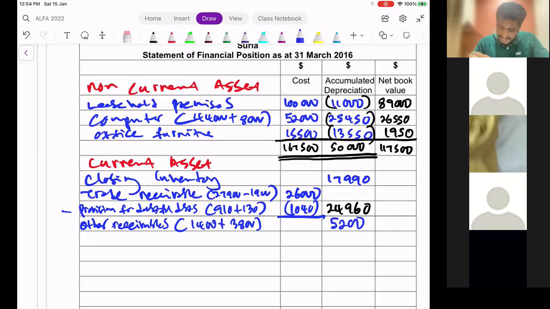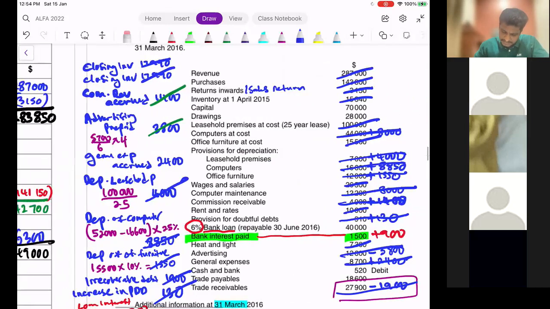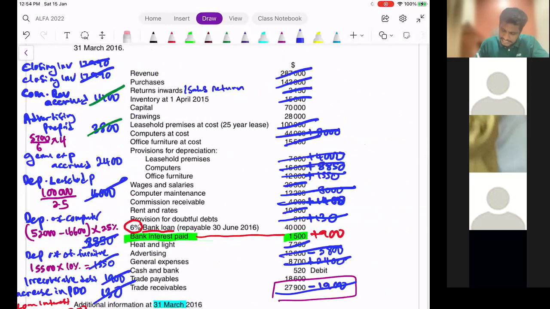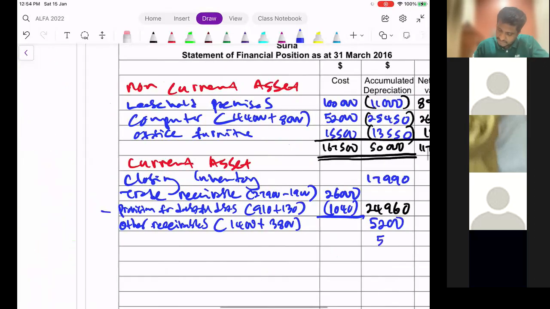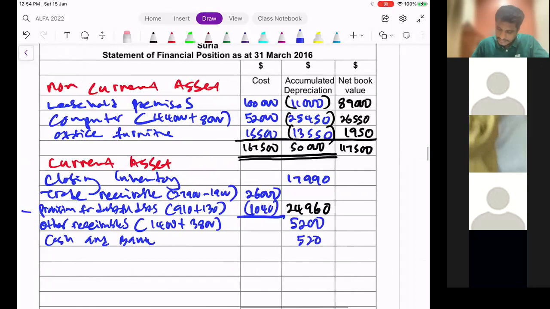Okay, after that, do you have anything else? Must have bank, right? Yes, cash and bank 520. Debit side means the current asset. 520 cash and bank. Yes, that's it. 17,990 plus 24,960 plus 5,200 plus 520.